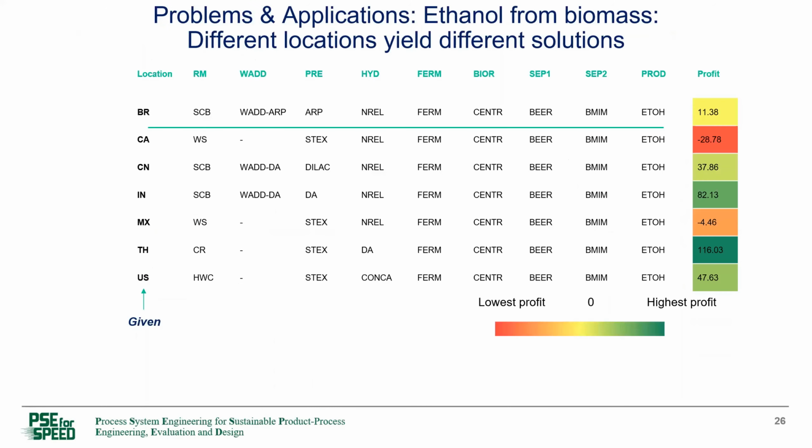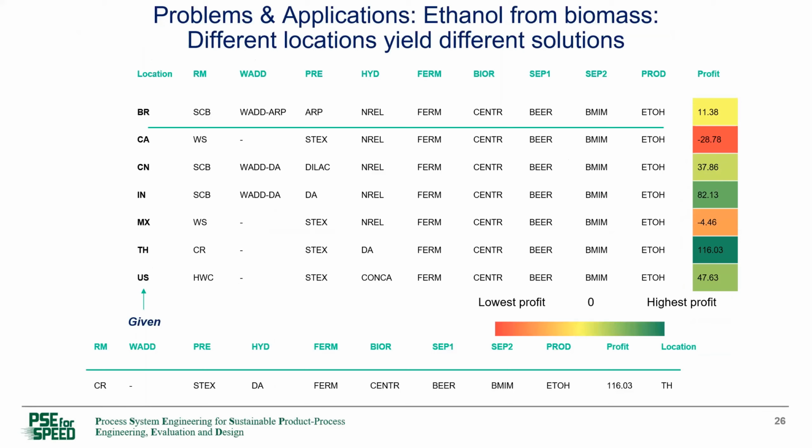And it turned out that if we don't take into account transportation cost and other things, then cassava rhizome is the best raw material to make and the cheapest to make at location in Thailand. But if we take into account how much cassava rhizome is available and what is the demand for ethanol, and then the need to transport the produced ethanol because of lower demand to another country, then the solution becomes different.